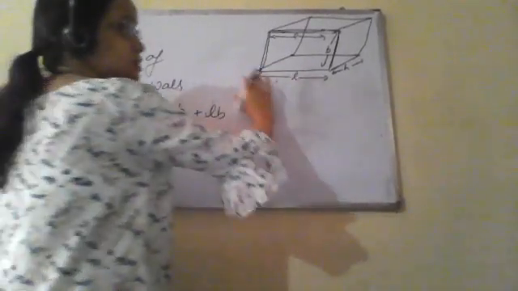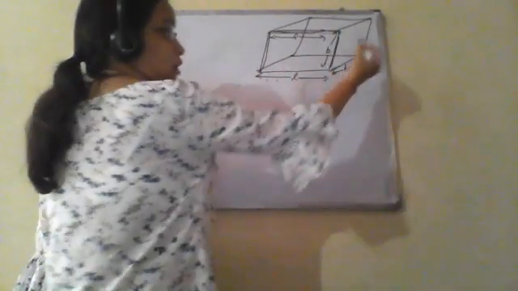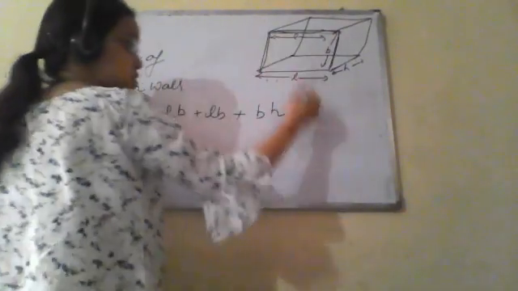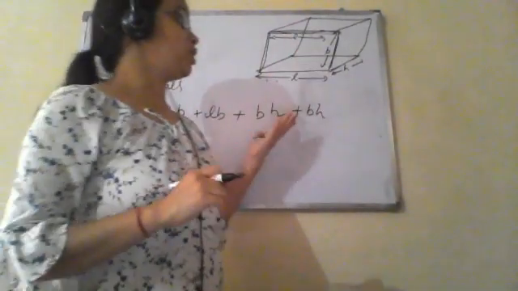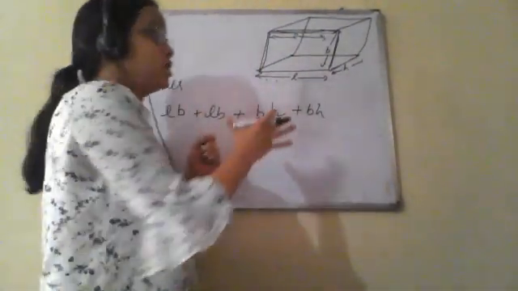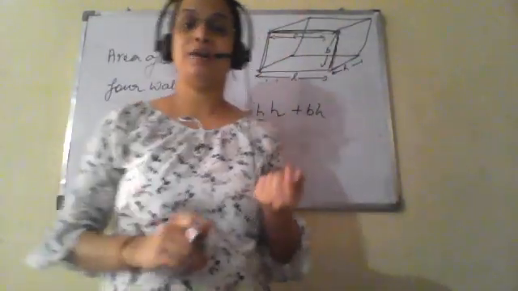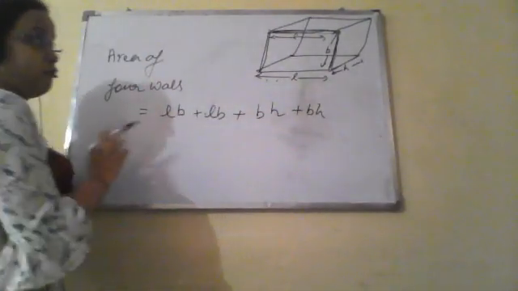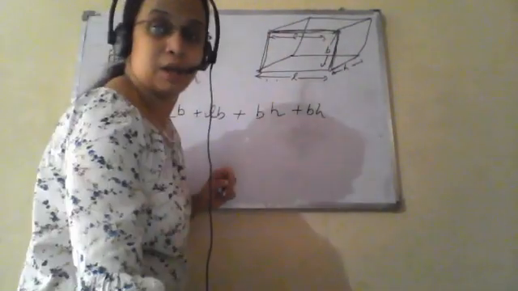Because this is length and breadth, plus these two surfaces, this is B into H, and this one surface, this is B into H. Either you can memorize it directly when you have to calculate the area of four walls, you just calculate the front, back portion and sideways, according to the dimensions. This way you are going to calculate the area of four walls, just calculate it by the given dimensions.